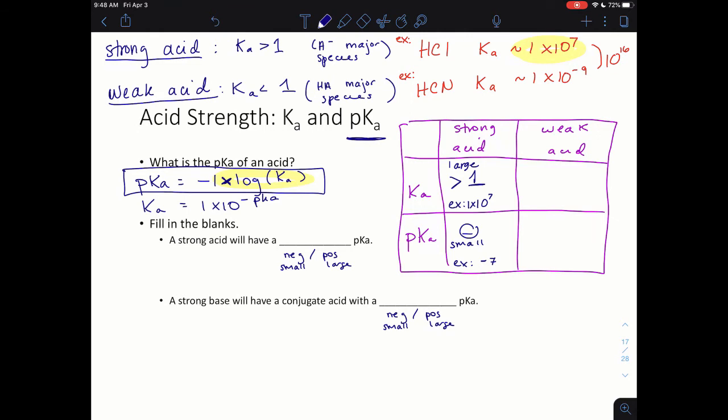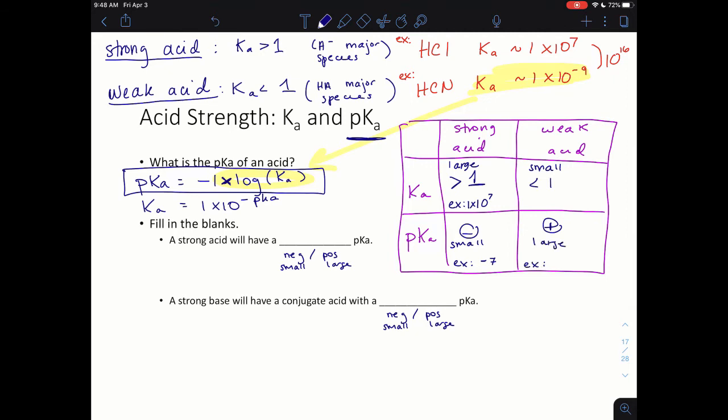Now, weak acids have small Ka's, meaning that they are less than 1. So if we took the Ka of HCN, our representative weak acid, and plugged it into this equation, we're going to get a pKa that is positive or large.